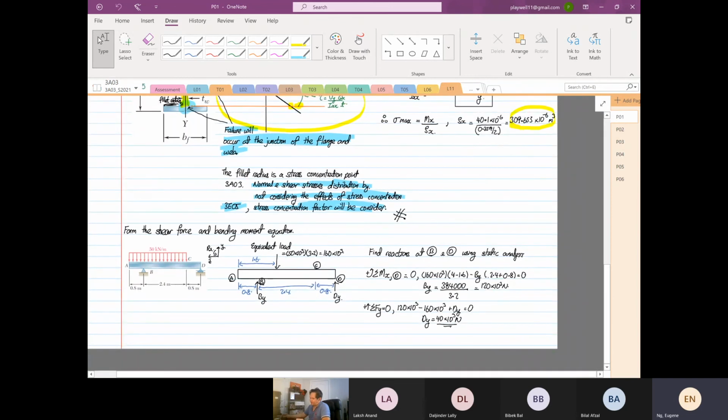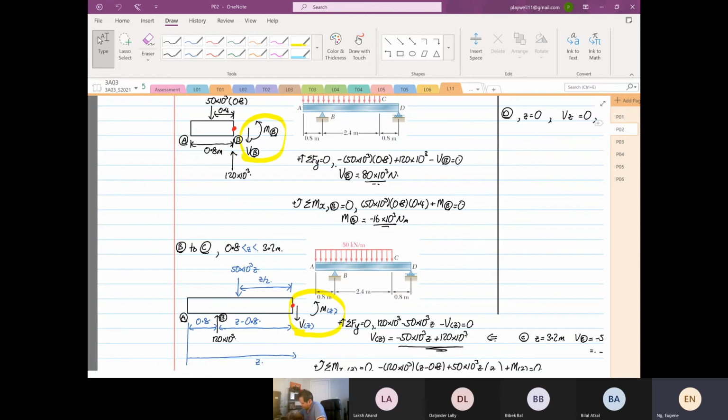If you have a lot of confidence about drawing the shear force and bending moment diagrams, you don't need to form the equation. When I was teaching this topic, I was thinking about the elastic curve method, because with the elastic curve method you have to form the equation. Since now elastic curve is not considered, but it's okay, it's good to learn.